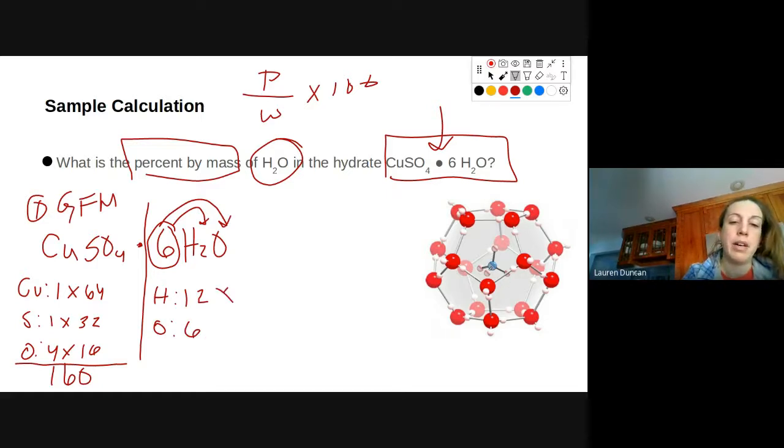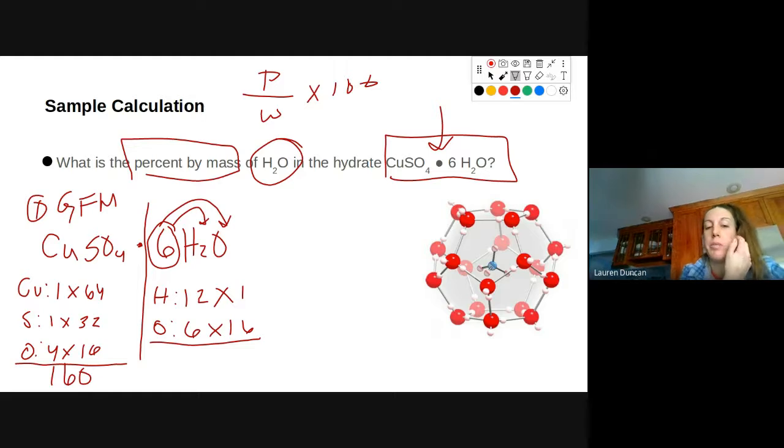Hydrogen's mass on the periodic table rounds to 1, oxygen's mass rounds to 16. 6 times 16 is 96, plus 12 more is 108. I better double check my math because 64 plus 32 is 160. I'm right.